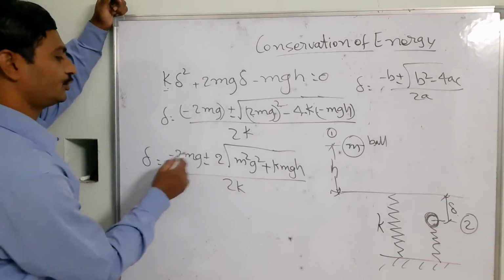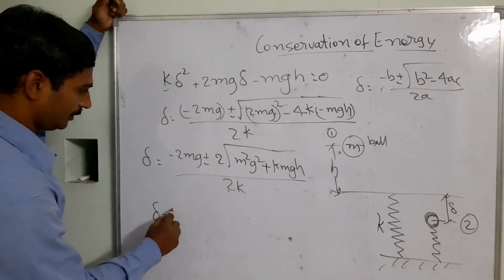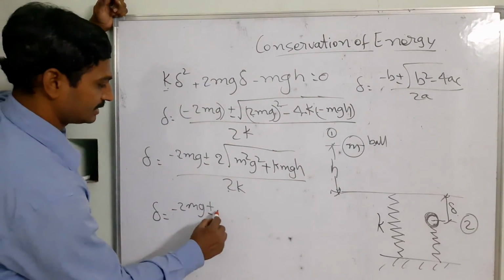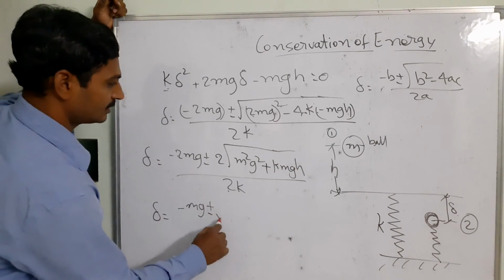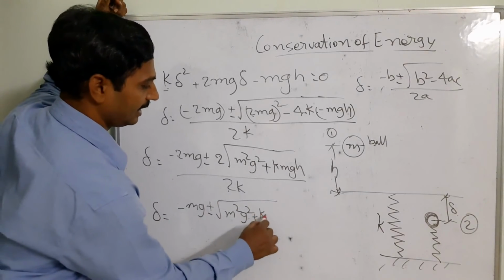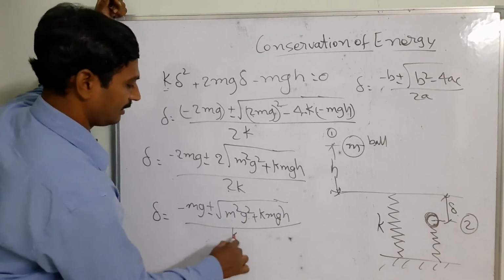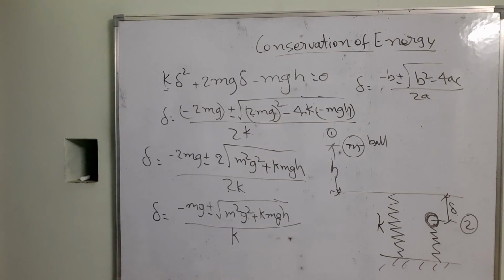Further simplification, the 2 will be cancelled out. So del is equal to minus mg plus or minus the square root of m square g square plus k mgh, divided by k. So this is going to be the deflection of the spring.